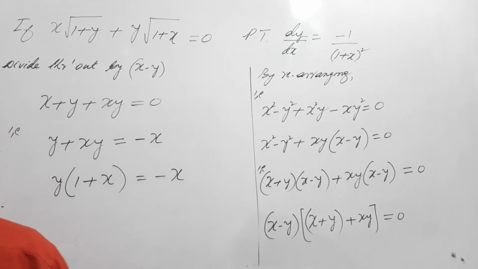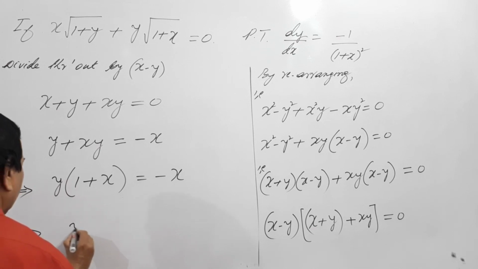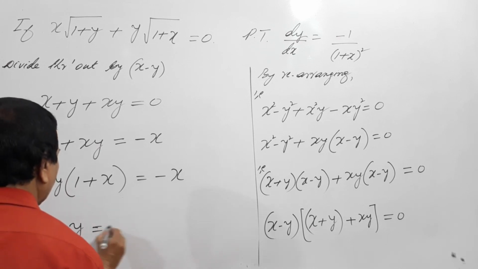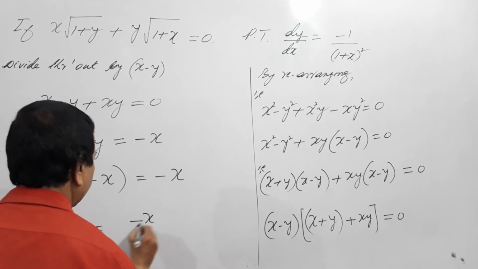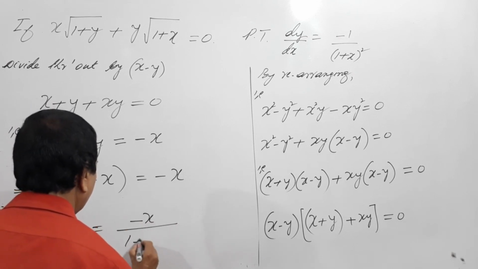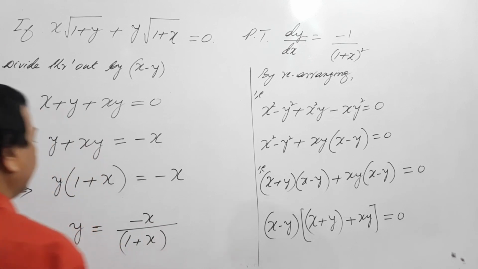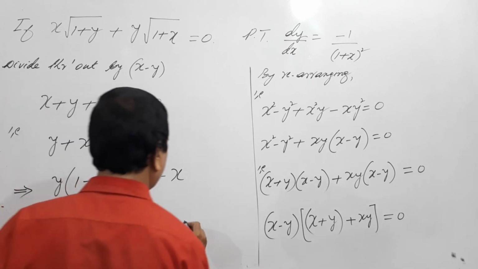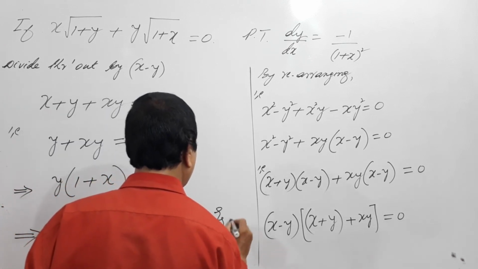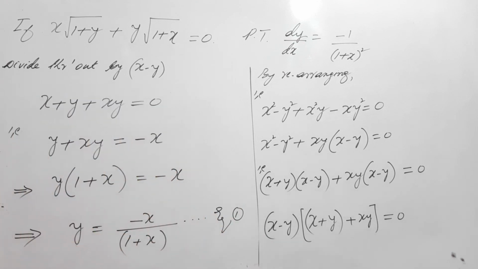What happens to y? So y equals minus x by 1 plus x. So this is our equation 1. Make a note.